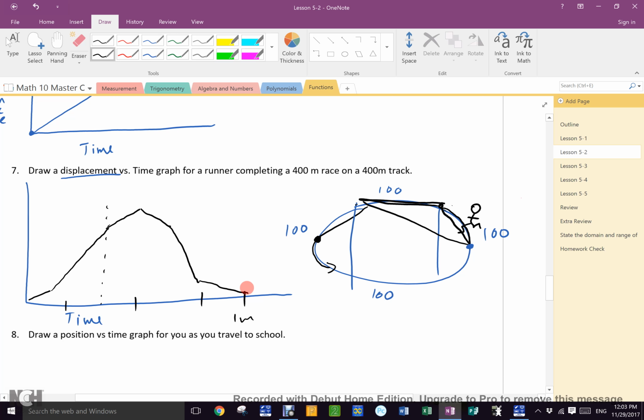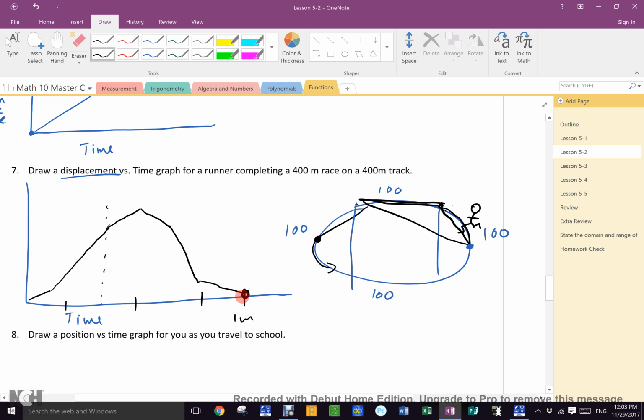But again, it depends on the kind of track you drew, right? Mason drew a different track, but did his graph perfectly for his track. Okay? Everybody understand? Now, if we use a running track like we should, then that is what it would look like. The key here, though, is that because it is displacement, we must get back to where we started.